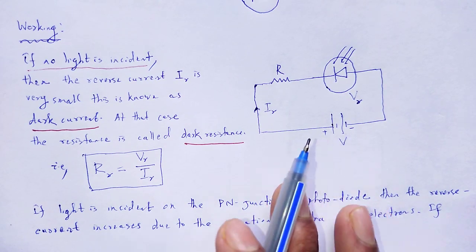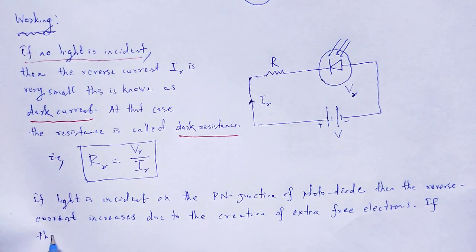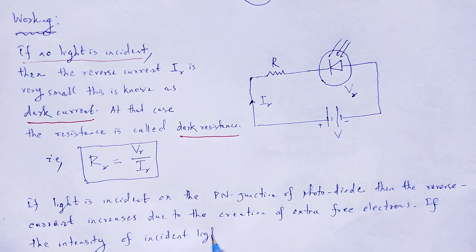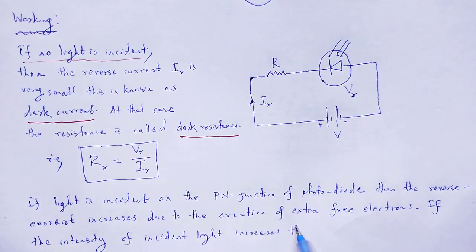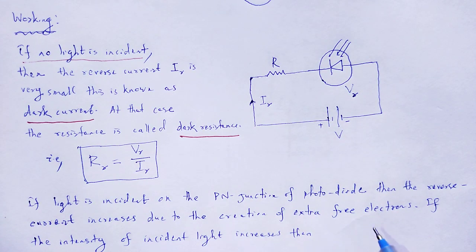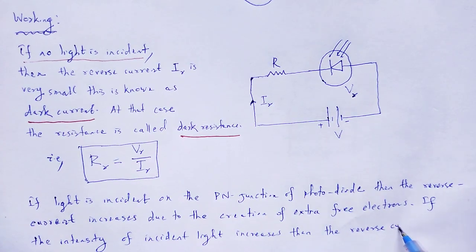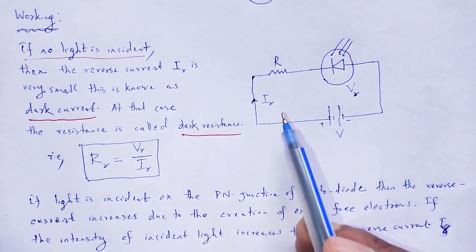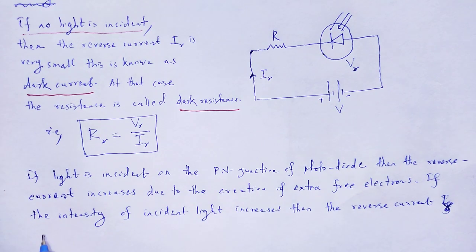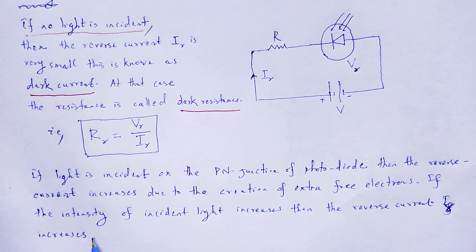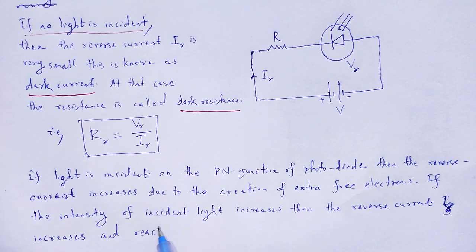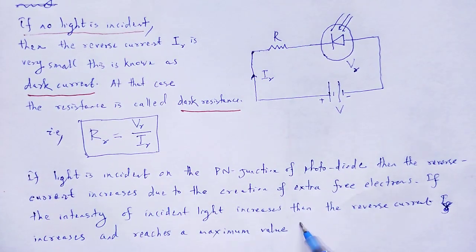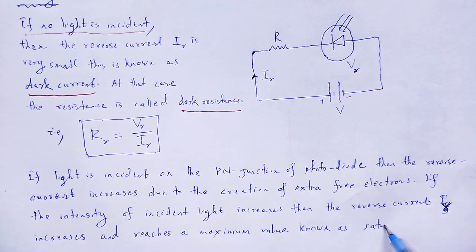If the intensity of incident light increases, then the reverse current I of R increases and reaches its maximum value, which is known as saturation current.